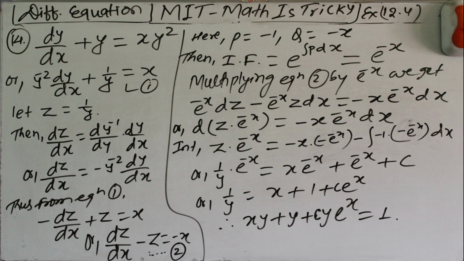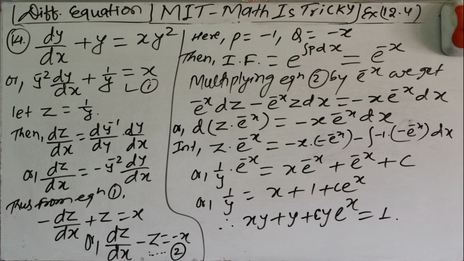Now substituting this value in equation 1, we'll get minus dz by dx plus z, 1 by y is z, equals x.